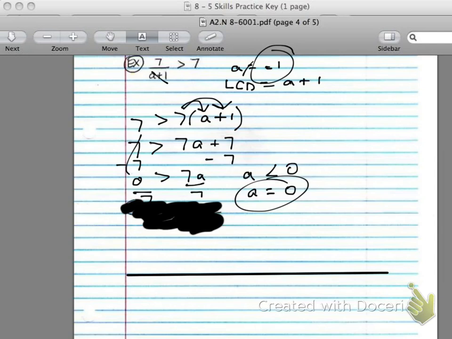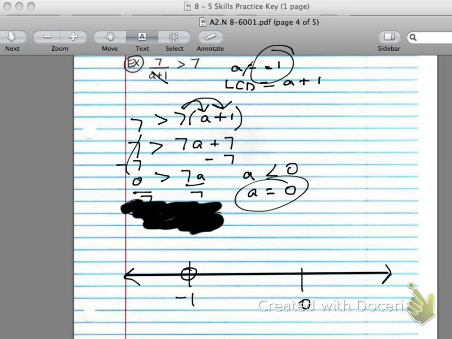All we're going to do is stick -1 on there and 0. So there are the 2 spots on our number line. Now I know that a cannot equal -1, so you put your open circle there.